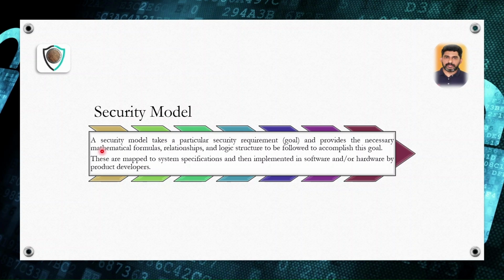For example, let us say we are developing a system or software and we have a security requirement. After identifying it, to achieve that requirement, we will choose an appropriate security model and implement it into the software or the hardware. This is something that is done by the vendors who develop systems and software.